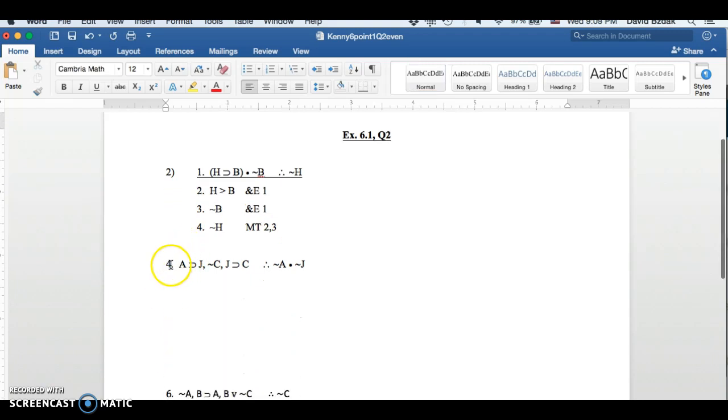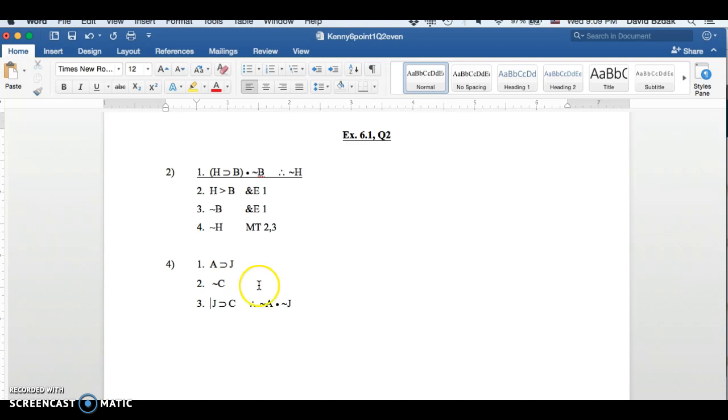Okay, so number 4, you can see, has a couple premises. One is a conditional A, J. 2 is just plain old not C. And 3 is J conditional C. And our conclusion is that conjunction.